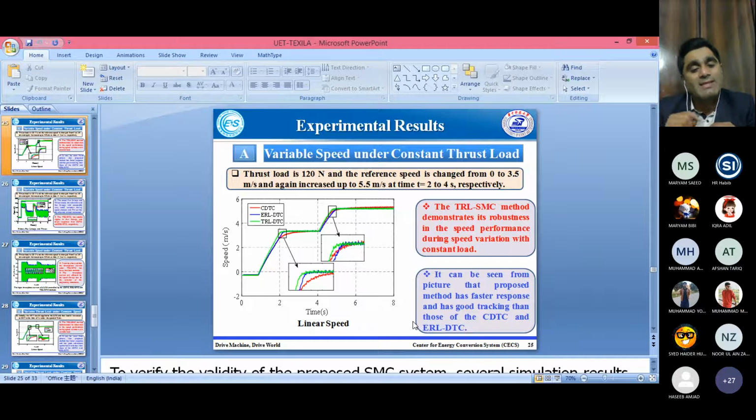You can replace this PI control with sliding mode control. The response of sliding mode control is superior to the PI controller. I am pretty sure because I did my PhD and a lot of work on sliding mode control, and I surveyed a lot of research about it in different applications. So I am sure that this is better than the PI regulator.